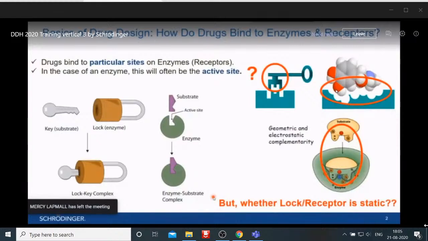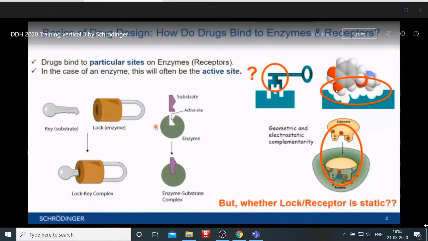Before going into MD simulations, the first thing we need to understand, and probably everybody knows about it, is the basics of drug designing, or how a drug binds to the enzyme. It all resembles the lock and key model.